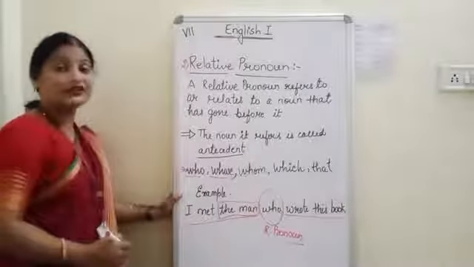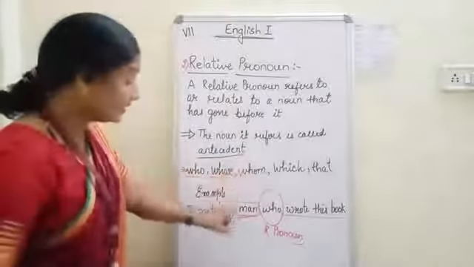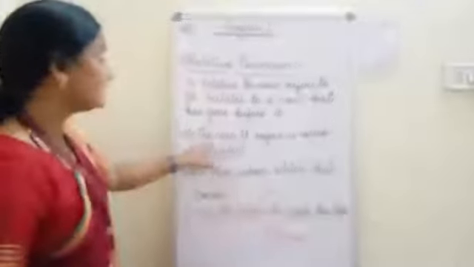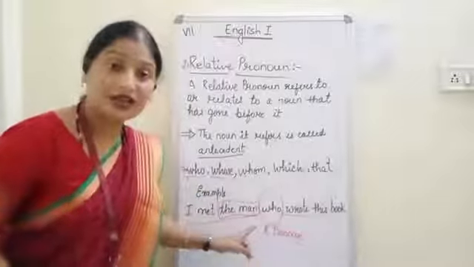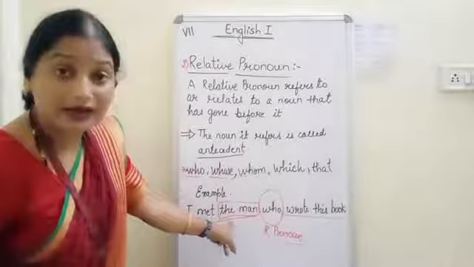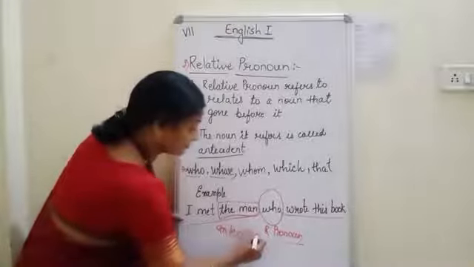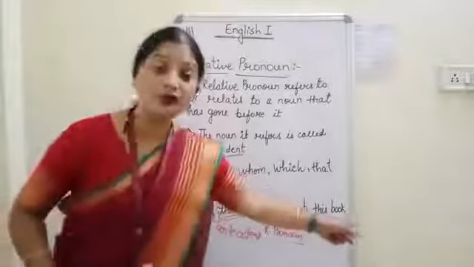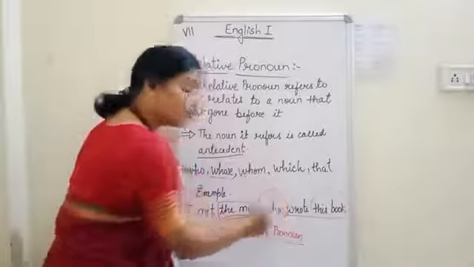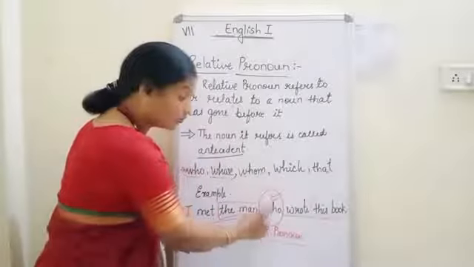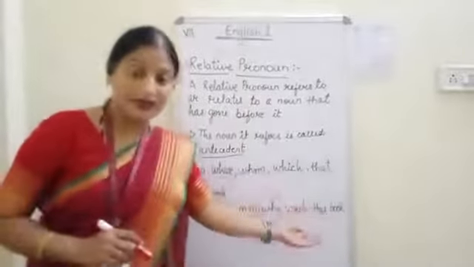So this man is called an antecedent, because the meaning of antecedent is the noun it refers to, the noun that who refers to, and who is referring to the man. So this man will be the antecedent. Okay, and wrote this book, this is another noun. They are linked with the word who. So we can call who a relative pronoun. Clear? So this is one example.